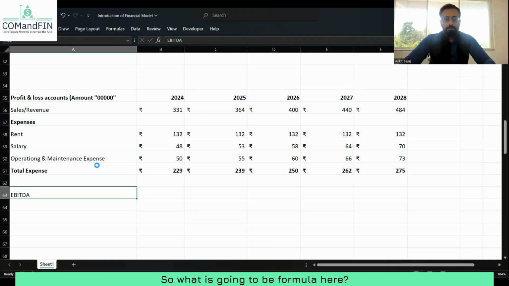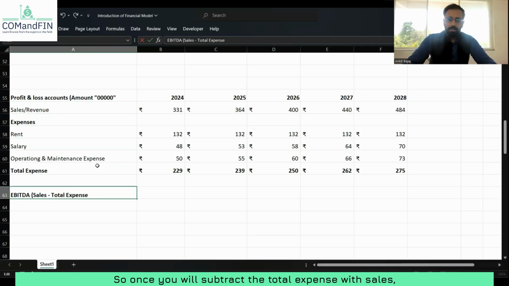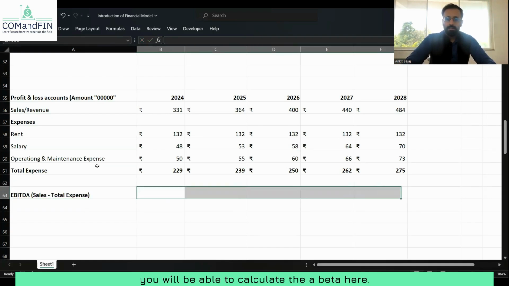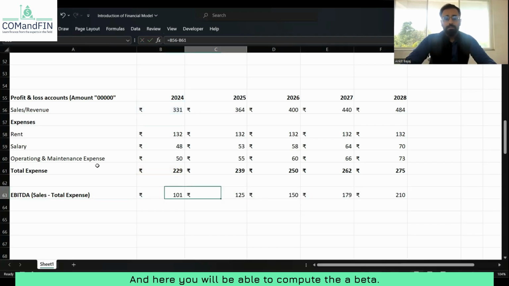So what is the formula here? The formula is very simple: sales minus total expense. Once you subtract the total expense from sales, you will be able to compute the EBITDA here.